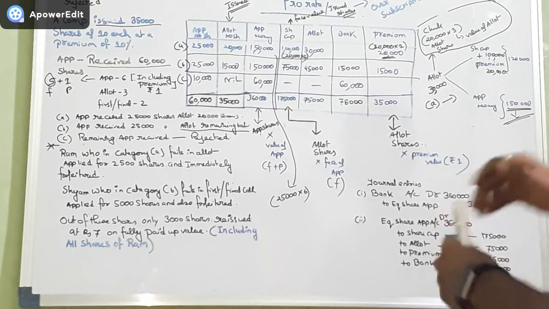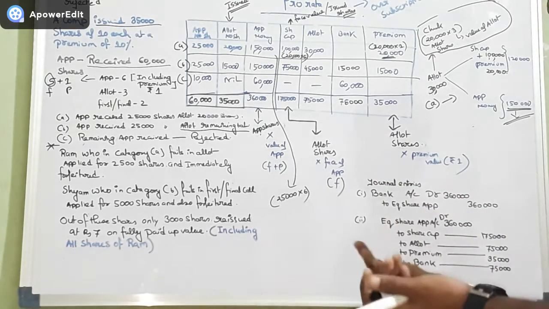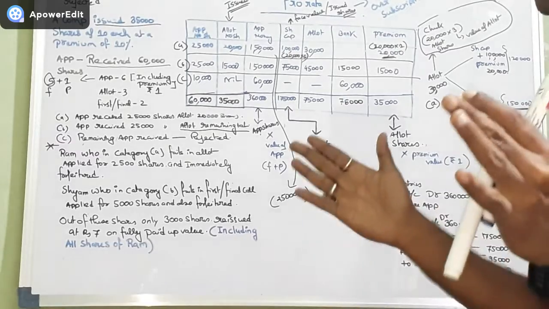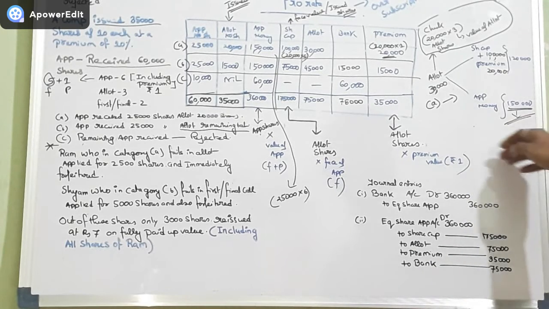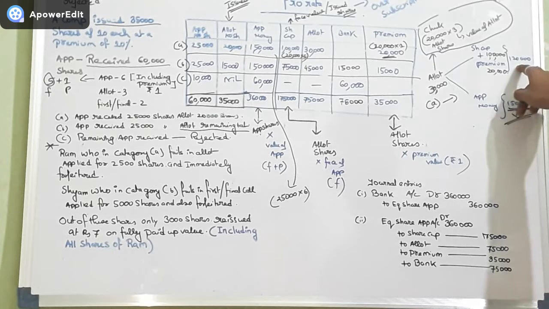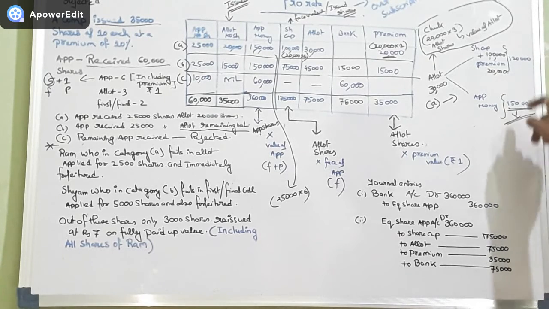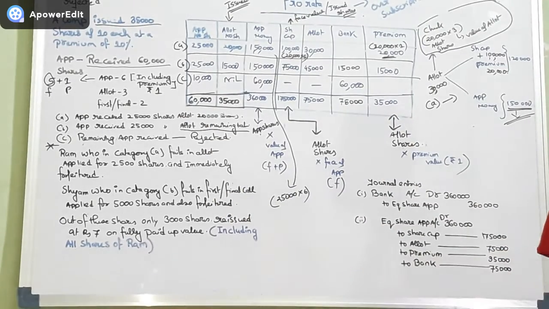That 30,000 will be transferred to allotment, because after application what comes? Allotment. If I have no space in the application, I will transfer it to the next schedule, that is the allotment. So here I have received an application of 1,50,000, but I can convert into share of 1,20,000. So 30,000 is the surplus amount, and that surplus amount will be transferred to where?